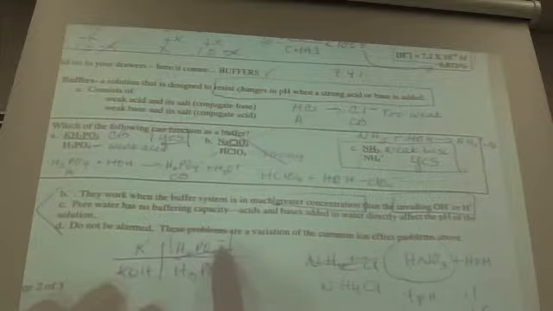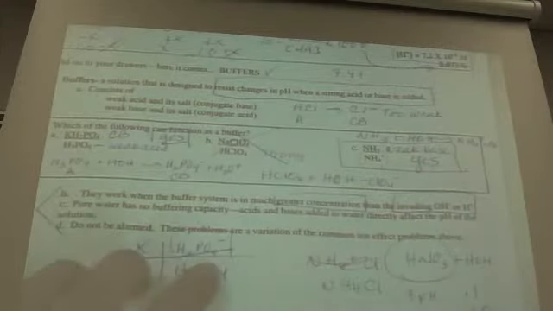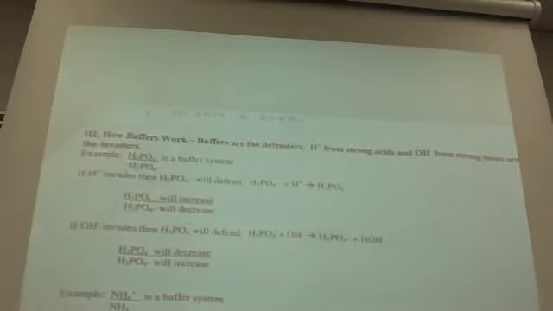So don't be scared. These are just variations of the common ion problems. This is step 2 of what you need to know. The first thing you needed to know is to be able to identify, is this a buffer? The thing you're looking for is a weak acid or base and its conjugate or salt.